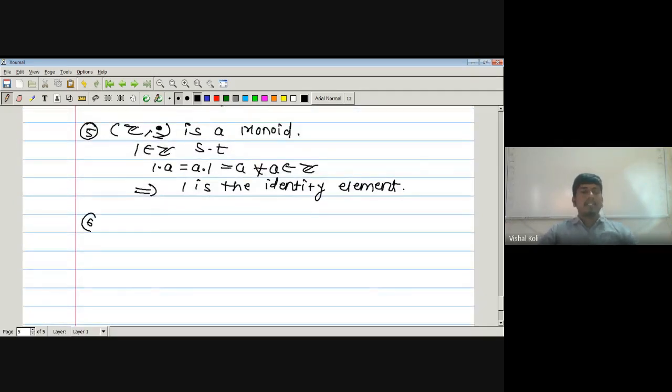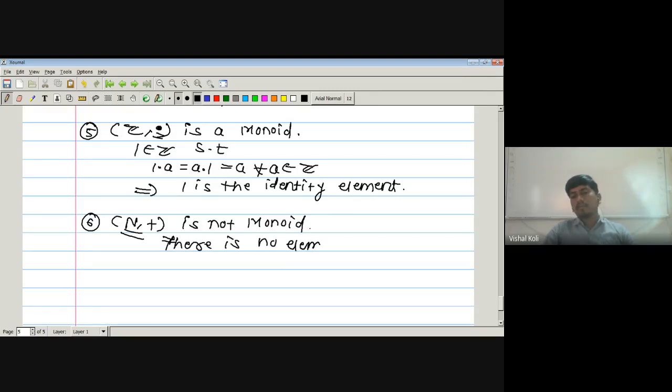And the sixth example is the set of natural numbers with respect to addition, which is not a monoid. Since the set of natural numbers with respect to addition holds both closure and associative properties, but there is no identity element belonging to the set of natural numbers. That is, there is no element E in the set of natural numbers N such that A plus E equals E plus A equals A for all A belonging to the set of natural numbers.